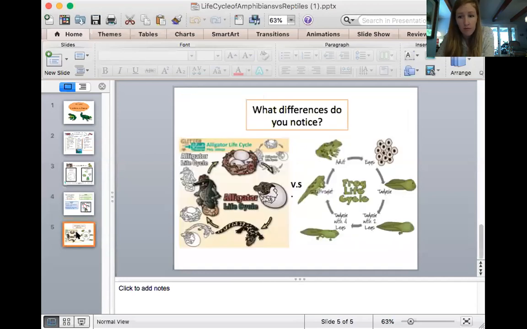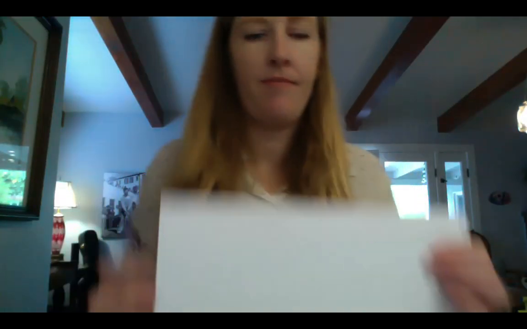Okay, so using that information, we're now going to do a Venn diagram. So you need a blank piece of paper, and on the top, we're going to call it reptiles versus amphibians because we are comparing the two. Just like this.